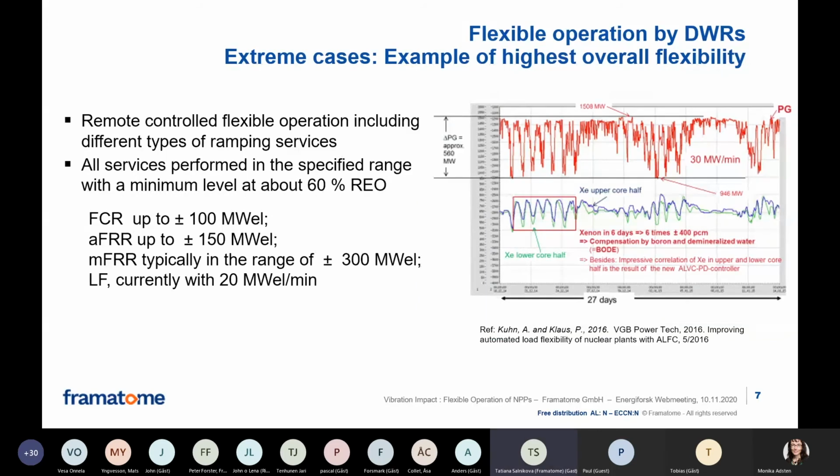And this is the plant we also had a very long and intensive interview with. This is the plant with the highest flexibility in the German grid. So they are performing remote controlled flexible operations. They do everything the grid will need. And this is what you see on the right-hand side. It is one month, and during this month, this red curve shows the changes of the power.